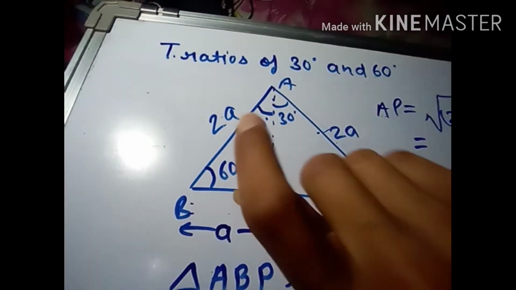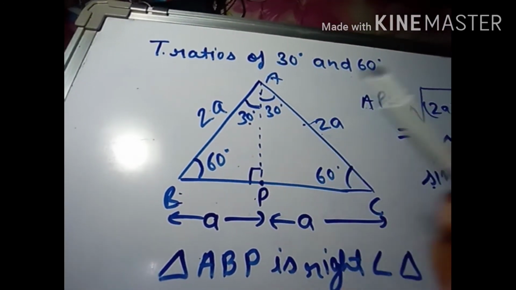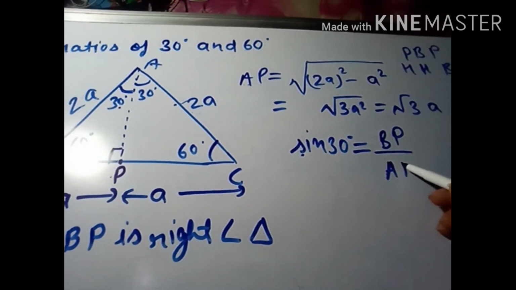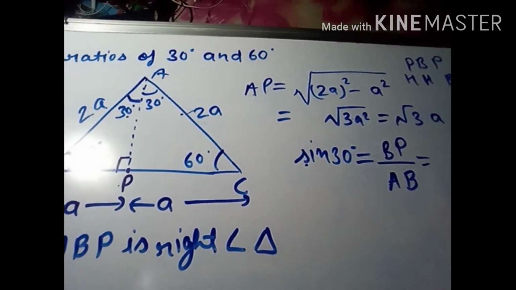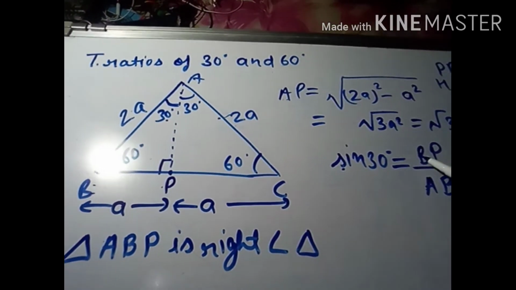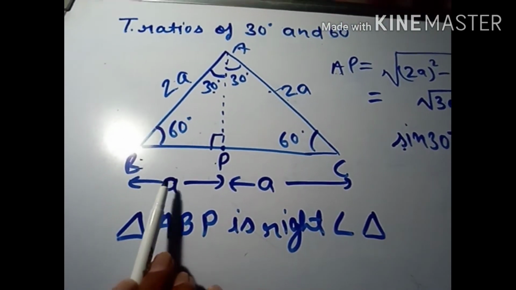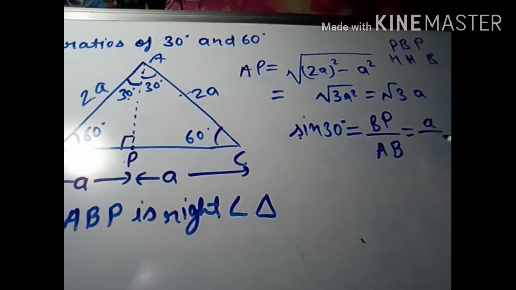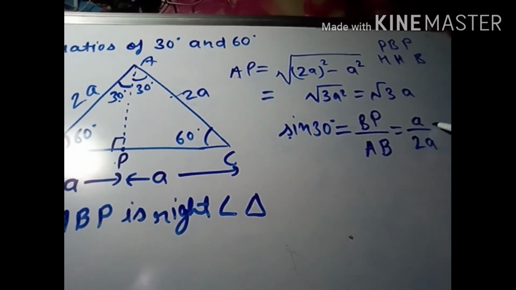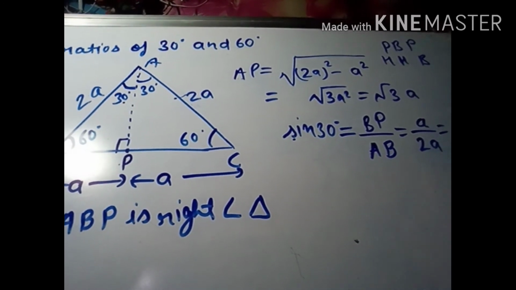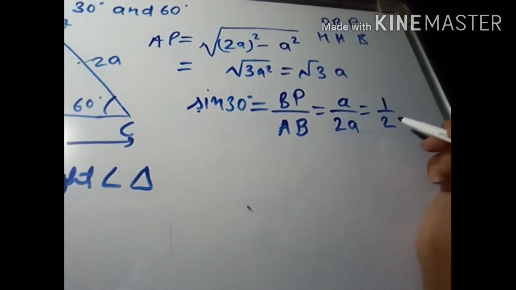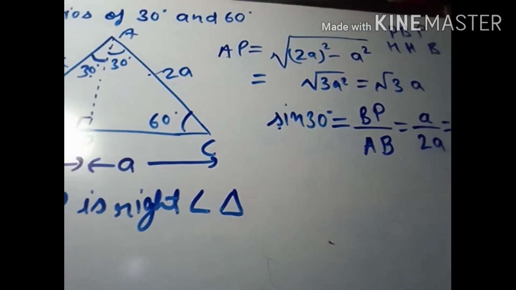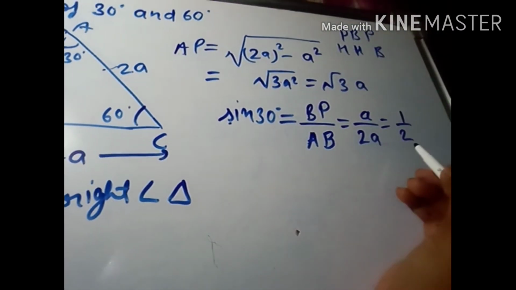Hypotenuse will be AB. So BP upon AB. You have calculated BP. BP is equal to a, and AB is equal to 2a. So it becomes 1 by 2. The a will cancel each other and it becomes 1 by 2. Understand? I don't think there is any problem in this.